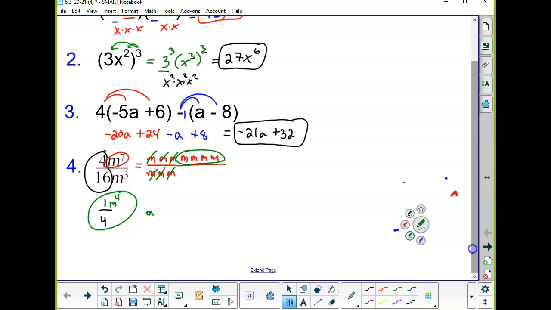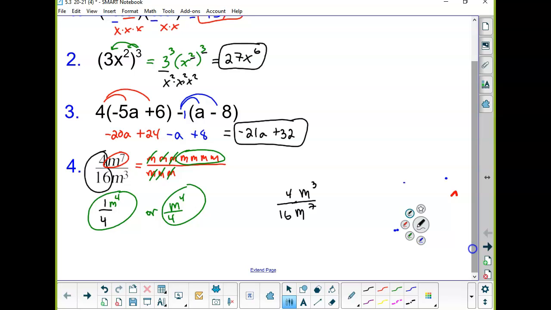Now, you could write it that way, or you don't have to write the coefficient of 1, because 1 times anything is itself, so you're good there. This is most likely the way it will be written. Just a quick little side note. What if it was almost the same, except I flipped around the 7 and 3?